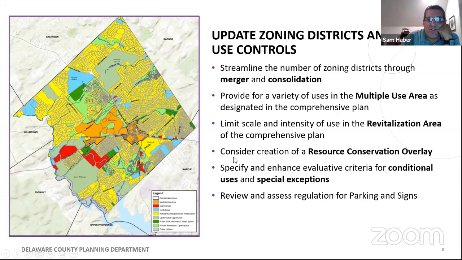We also recommended consideration of a natural resource conservation overlay, which is something Ann talked about, expanding the riparian buffer requirements and writing more into the zoning to preserve other natural features such as wetlands and woodland disturbance. We also identified the need to specify and enhance evaluative criteria for uses and special exceptions, and also to review and assess regulations for parking and signs.